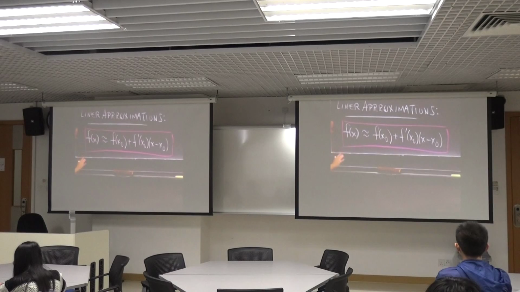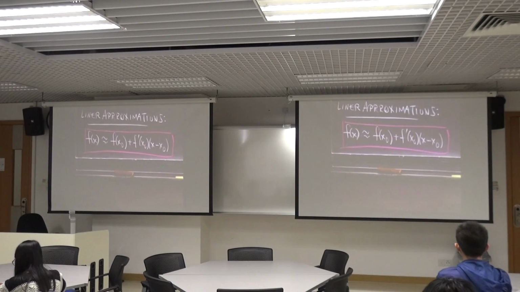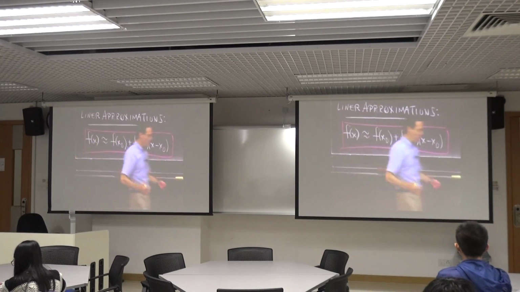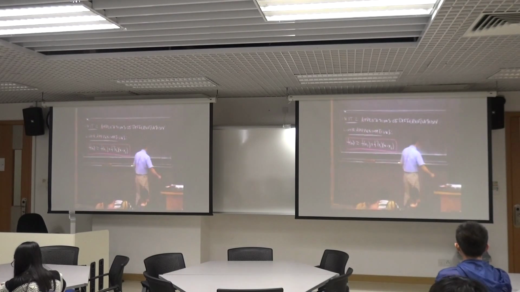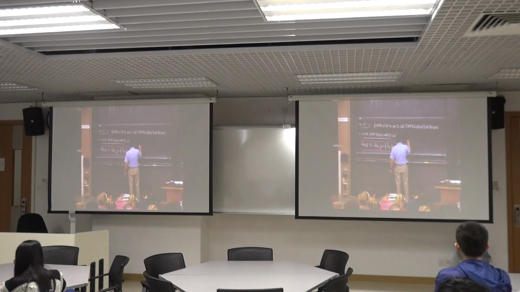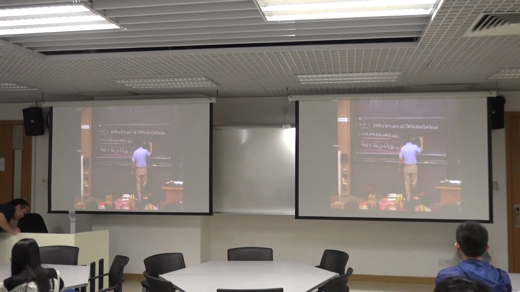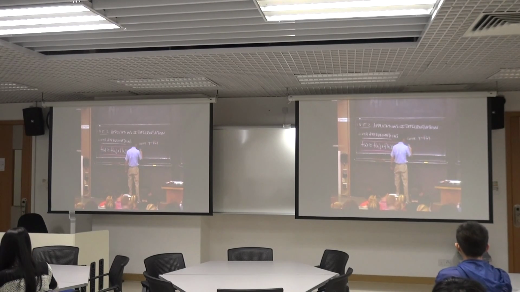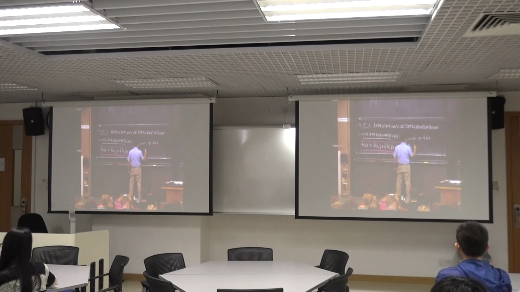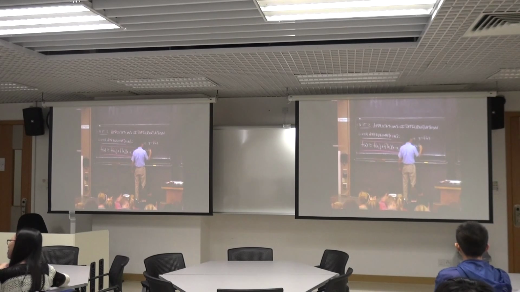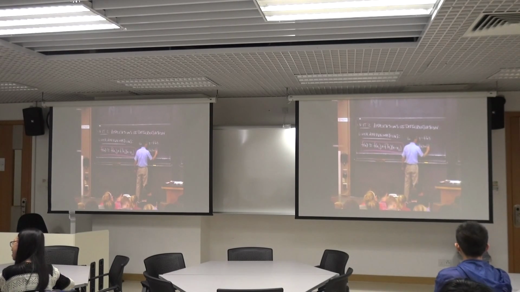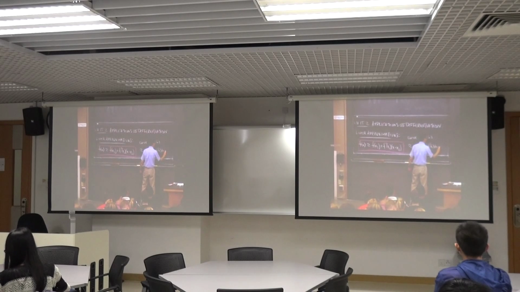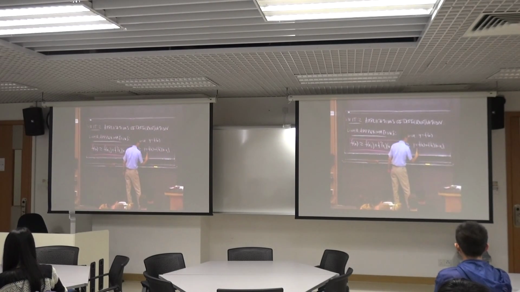Let me just describe what it means first, and then I'll describe what it means again several other times. First of all, what it means is that if you have a curve, which is y equals f of x, it's approximately the same as its tangent line. This other side is the equation of the tangent line.